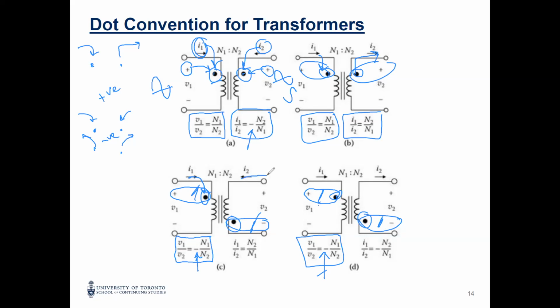This one is not entering. Look at the other side, it's leaving the dot. I'm looking at the dot and then the next terminal. This one is leaving, this one is entering. Okay, you have positive. This one is entering. This one, go to the other side, is actually entering. Then you have a negative sign.